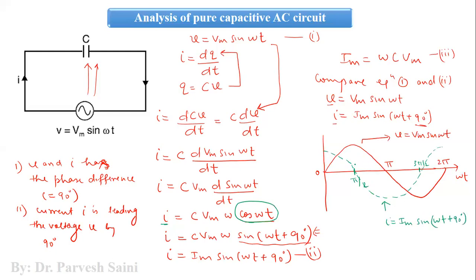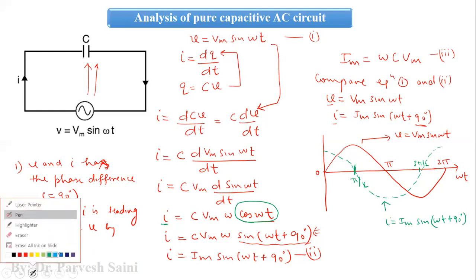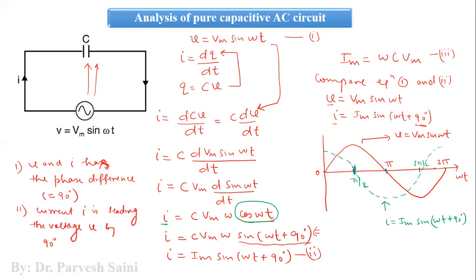You can see the phase difference is 90 degrees everywhere. It has completed one cycle 90 degrees prior to the voltage, so if you extend it, it will go like this. Your current has started 90 degrees before the voltage. It means that the capacitor will acquire the voltage across it 90 degrees after the current has passed. This is what it indicates.